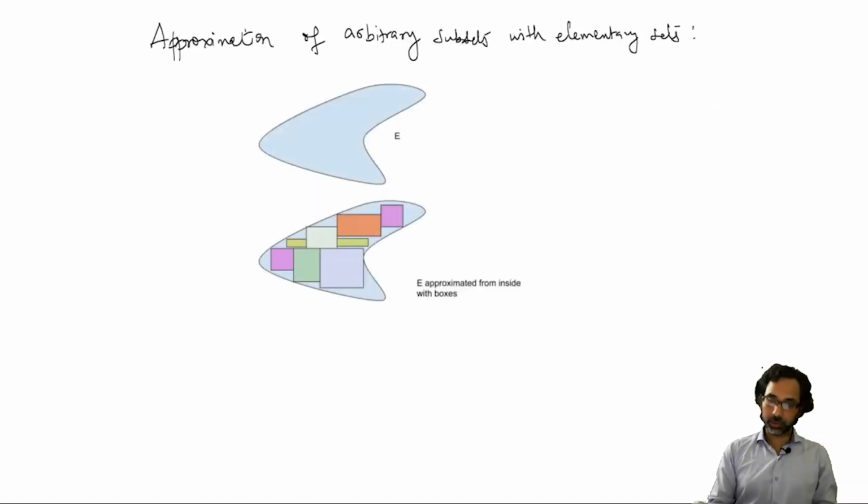So to illustrate this approximation, here we have a picture of an arbitrary subset E of R^2, and it is definitely not a box or an elementary set. So this is not an elementary set.